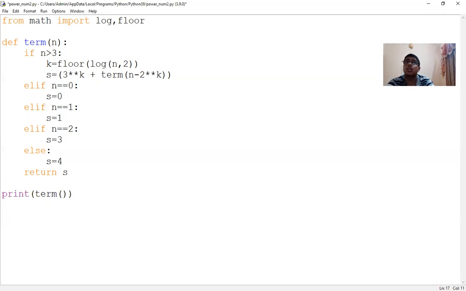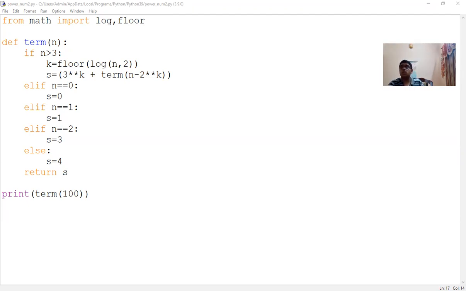Now the 100th term. Was our explanation of the algorithm absolutely right, or was it wrong? Will we get the same answer as what we did mathematically using the principles of combinatorics? 981. There it is. So we got the same answer, 981, and Python also is saying that the 100th term is 981.